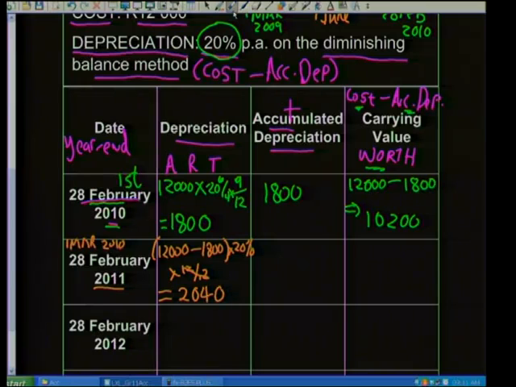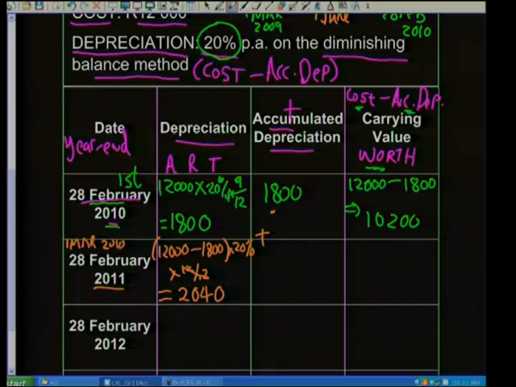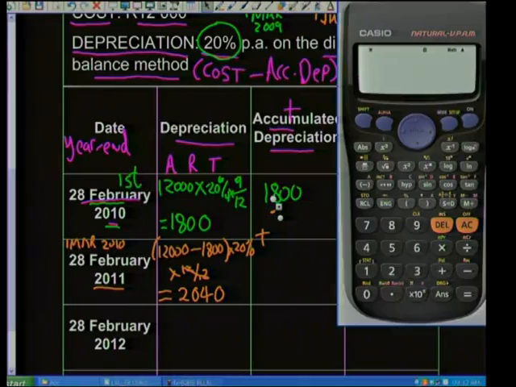Right, let's now look at accumulated depreciation. Previous financial year, it was 1,800, but I'm now going to add on 2,040 to work out what is my new accumulated depreciation after updating depreciation. So let's get the calculator out. Your accumulated depreciation was 1,800.